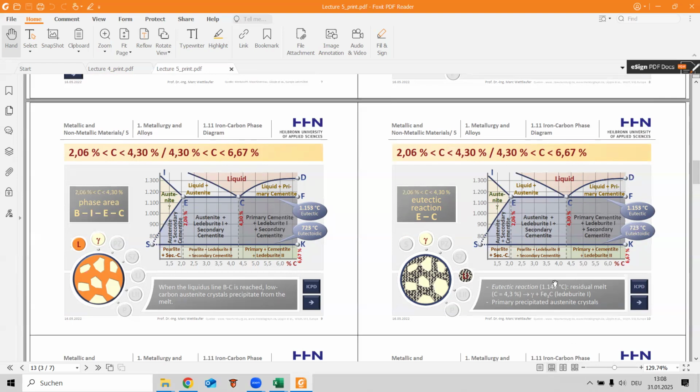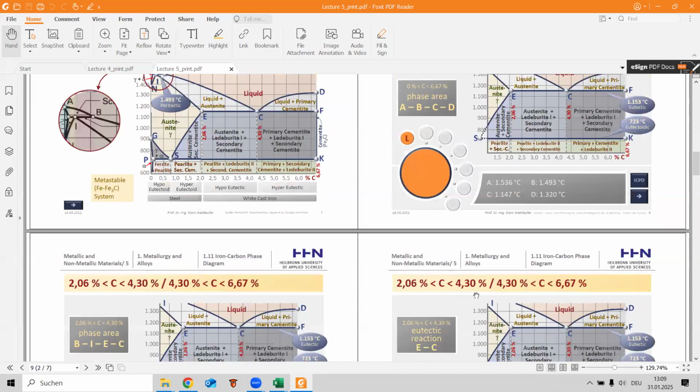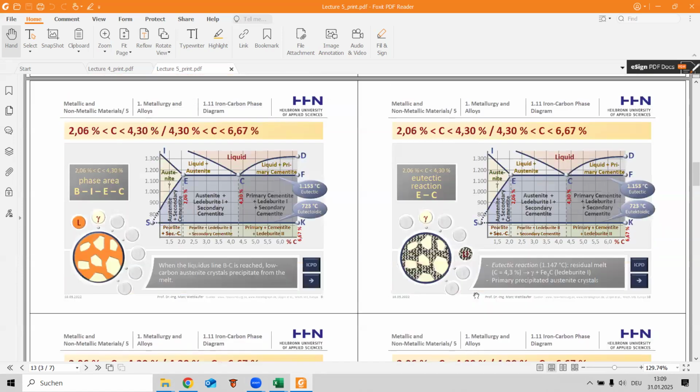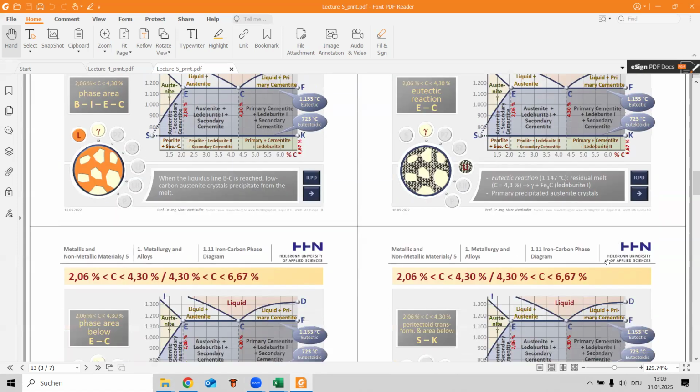So at this temperature the residual melt, concentration 4.3%, transforms to austenite plus ledeburite 1, and the primarily precipitated austenite crystals.